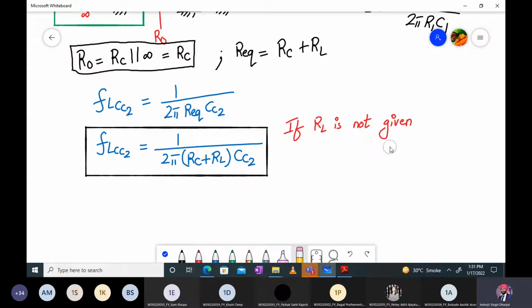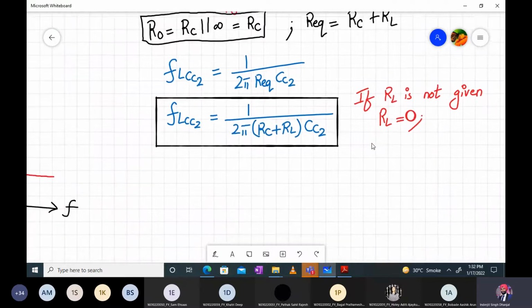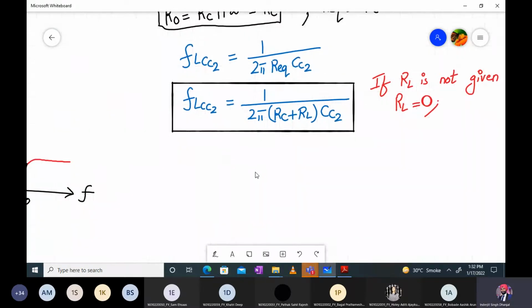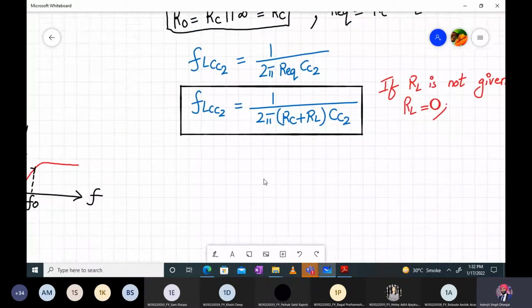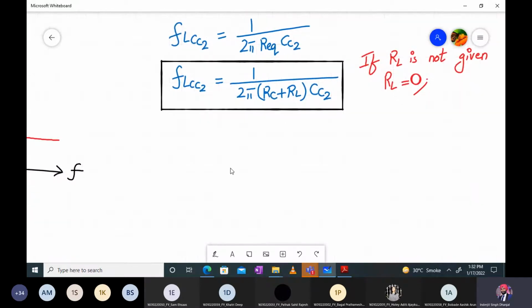If RL is not given, please substitute it over here as 0, not infinite. So please correct that. You have to take care that if RL is not given, consider it to be 0 in the formula, not infinite, because otherwise it will give you FL of CC2 as 0. So that's the small correction which we have made.